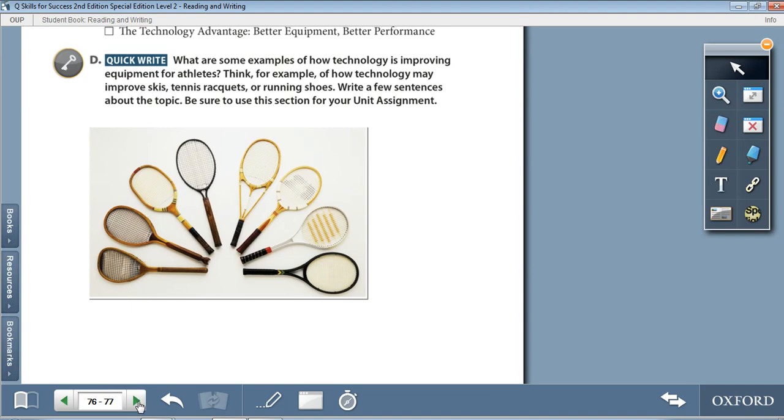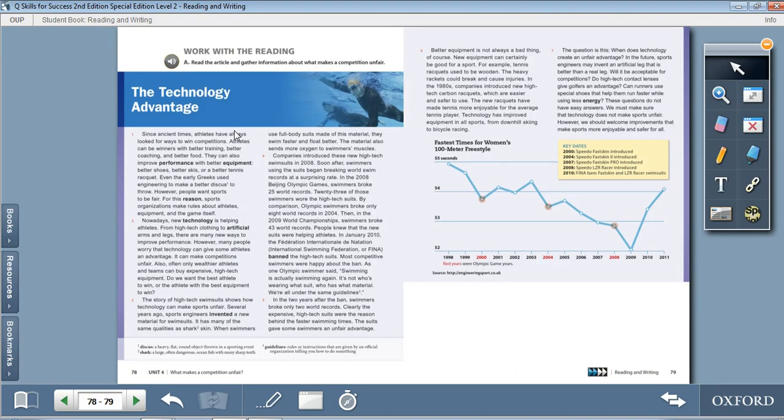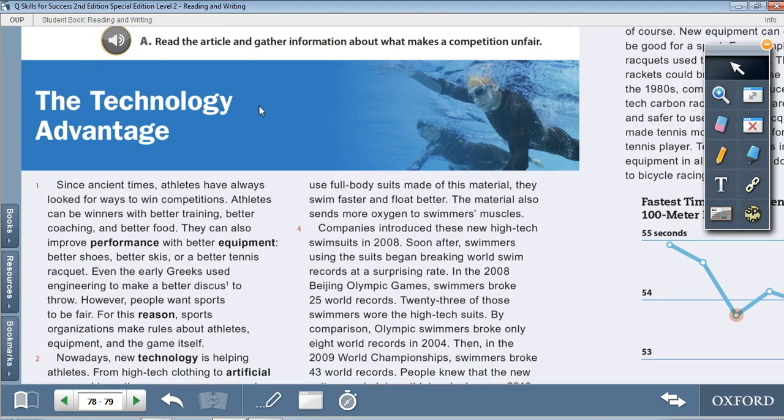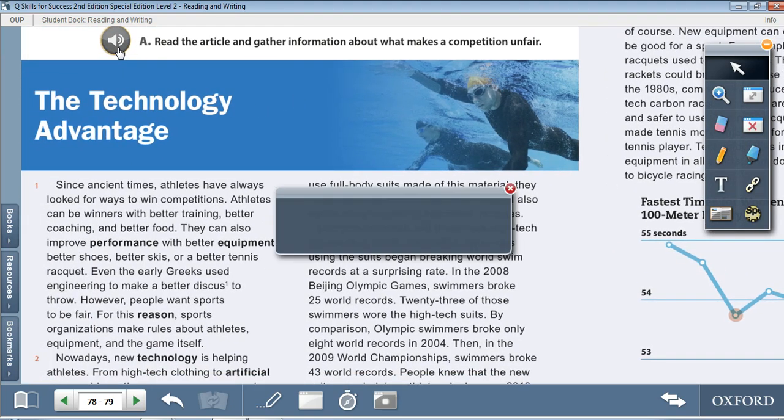Moving on to the reading section, The Technology Advantage. Unit 4, Reading 2. The Technology Advantage.